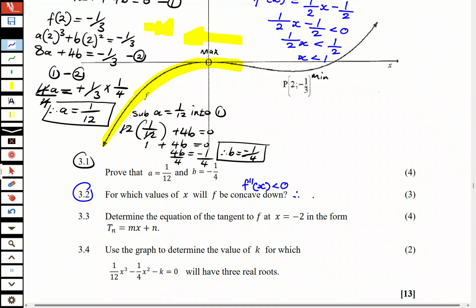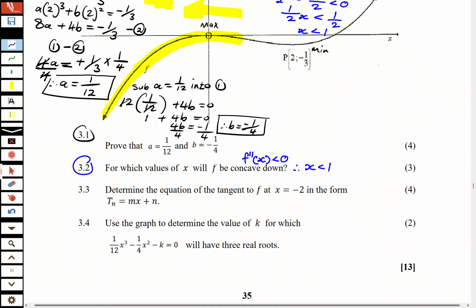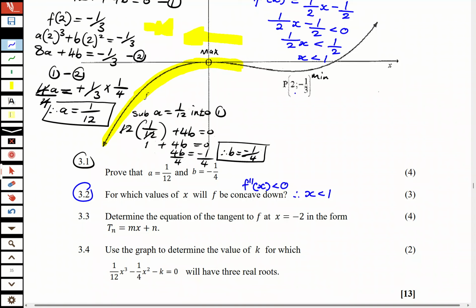So therefore, x has to be less than 1, and that would be your answer. Or you can say x is an element of negative infinity to 1.